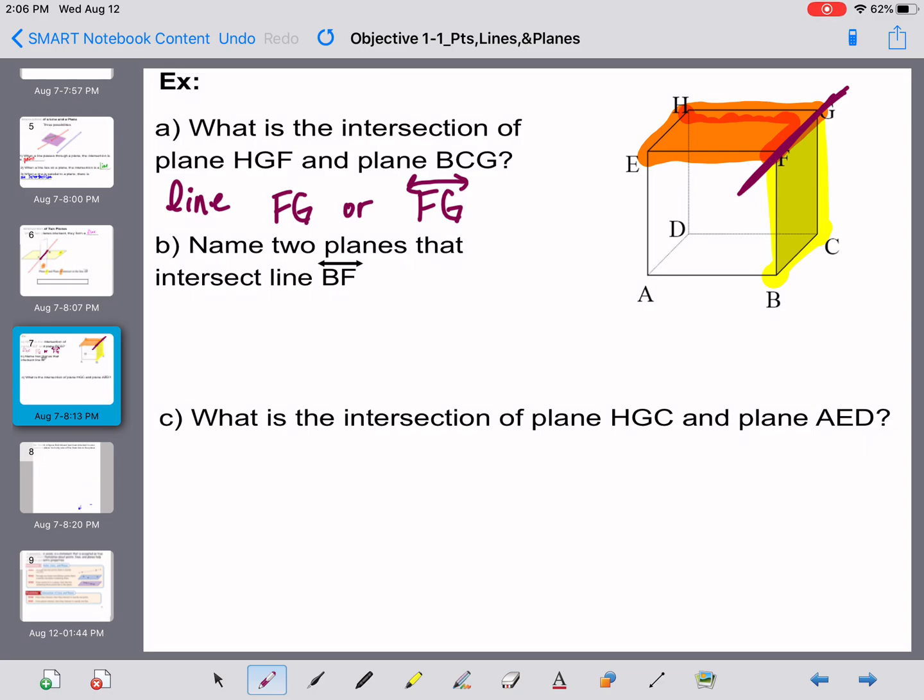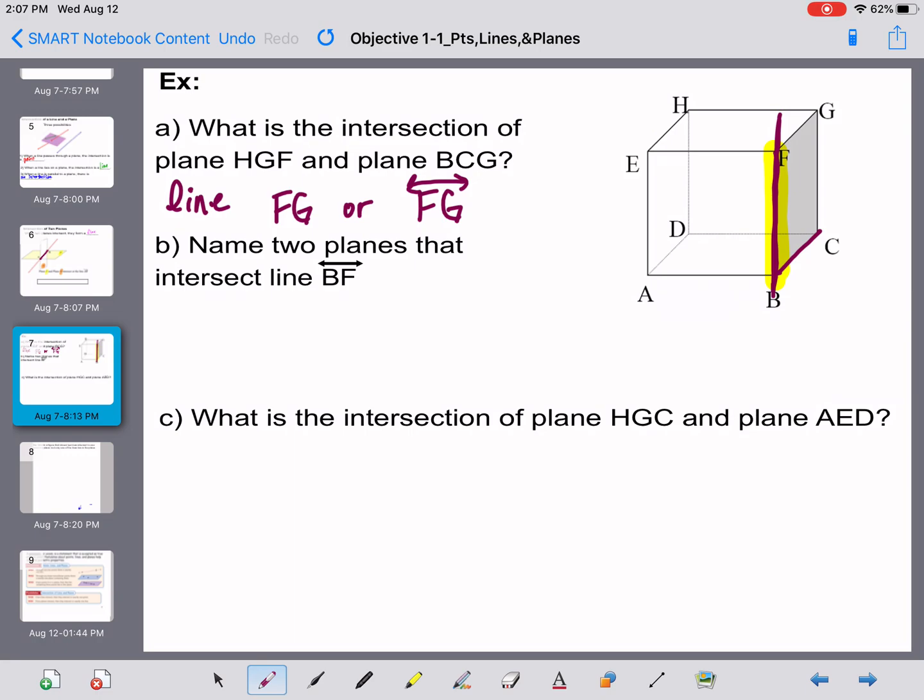So name two planes that intersect line BF. All right, this is hard for me to see. So let's see where BF is. BF is here. So BF is my corner. Here's BF. So I have to have two planes, two sides.